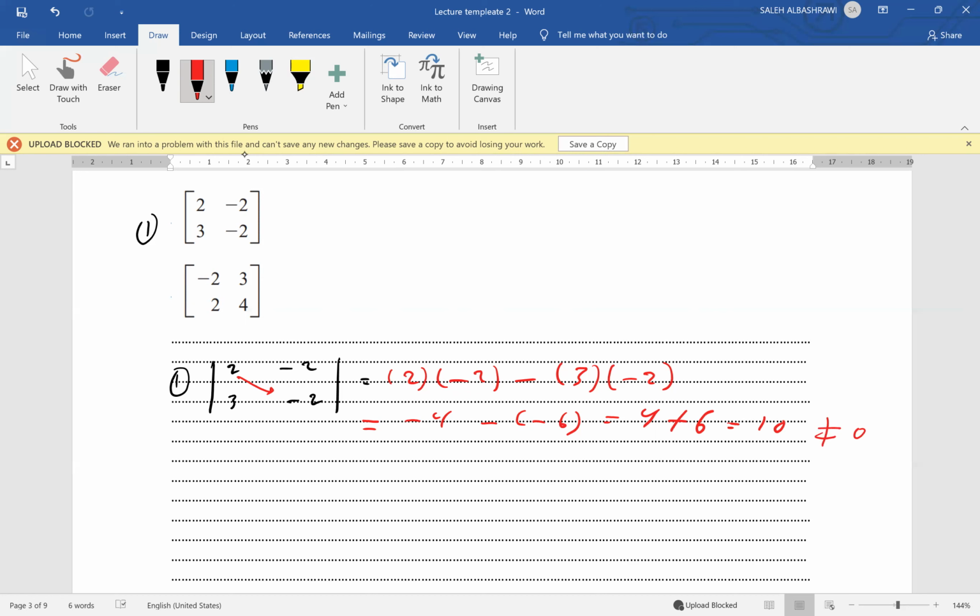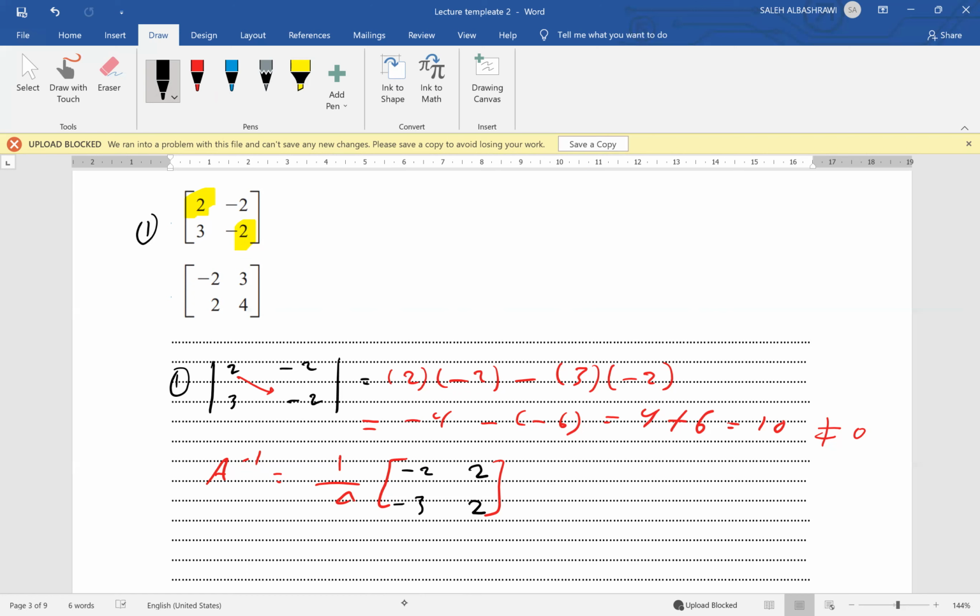Now A inverse is equal to 1 over the determinant times the matrix where we swap these two, so I'll have minus 2 and 2, and change the sign of the other elements, that will be minus 3 and plus 2.